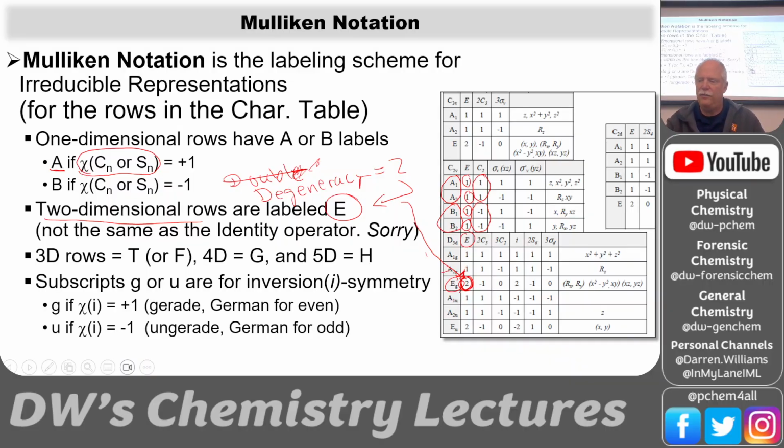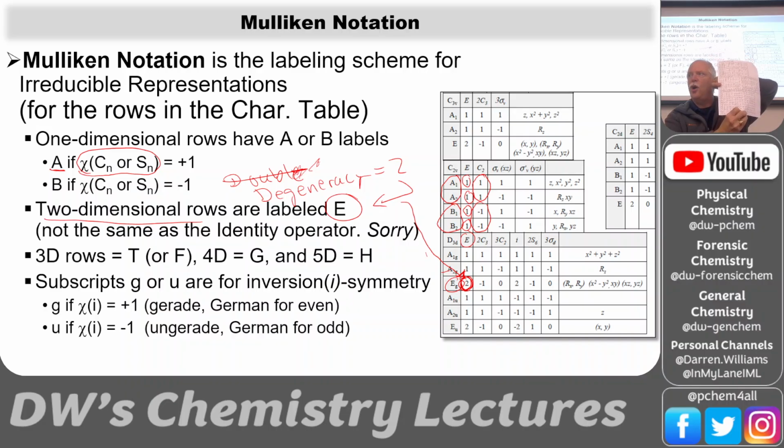There are some that have three-dimensional rows. So go to your character tables, and on page 2, the back of the front page, look at the tetrahedral and octahedral character tables. So the tetrahedral is on the back of the front page. It's right here.